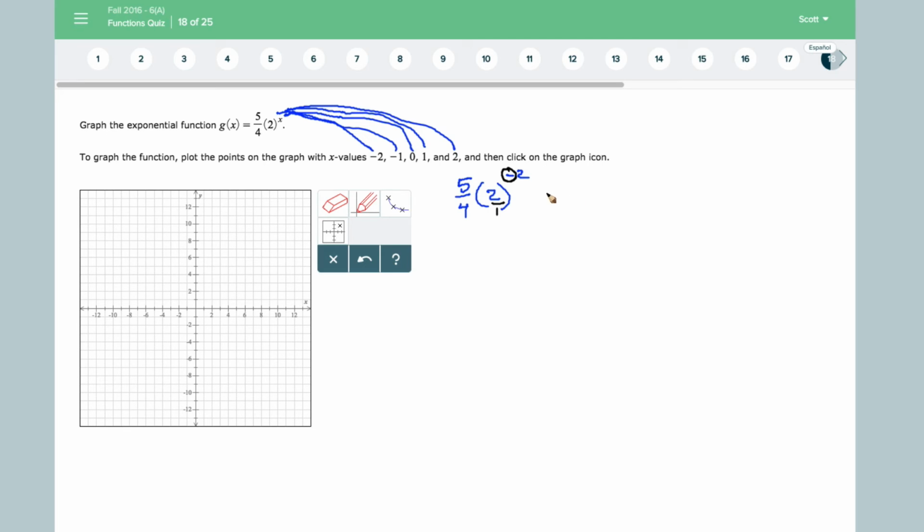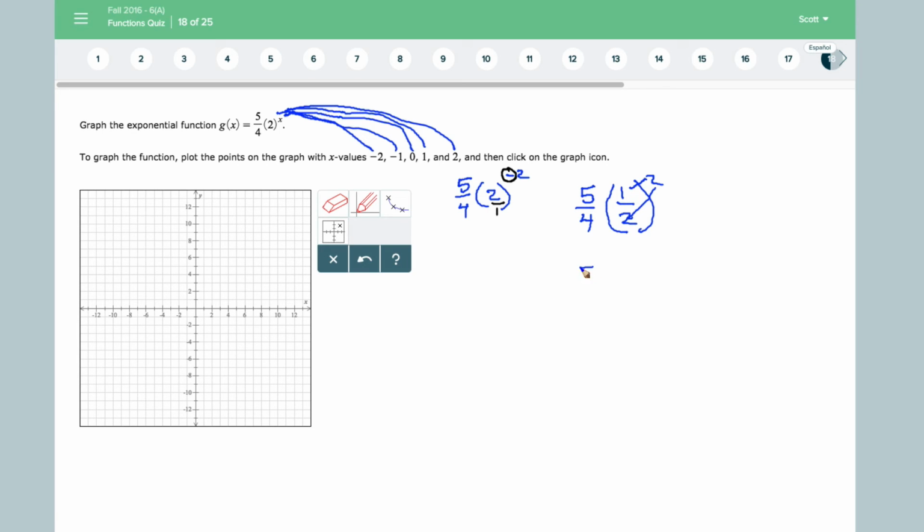So that becomes 5/4 times 1 over 2 squared. Now it's a positive squared. Okay, it's flipped over. And again, that squared goes to both of them, but the top one just stays there.